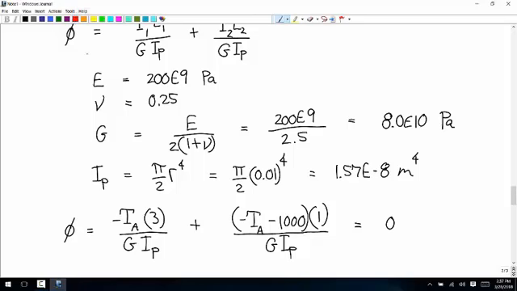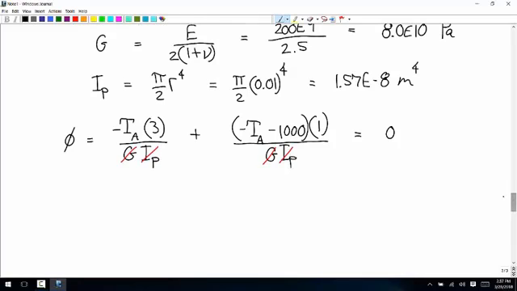So we can multiply both sides by G times I sub P. And so you get minus 4 T_A is equal to positive 1,000. And so T_A is equal to negative 250 Newton meters.